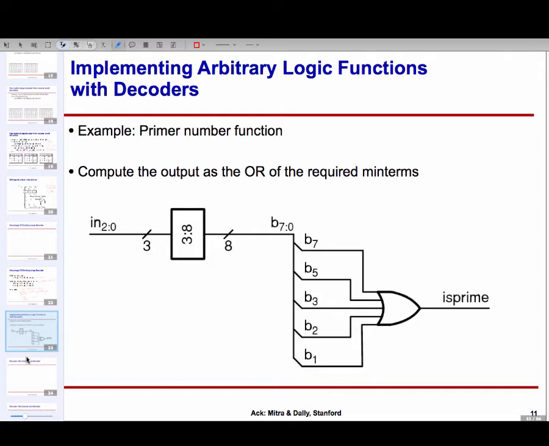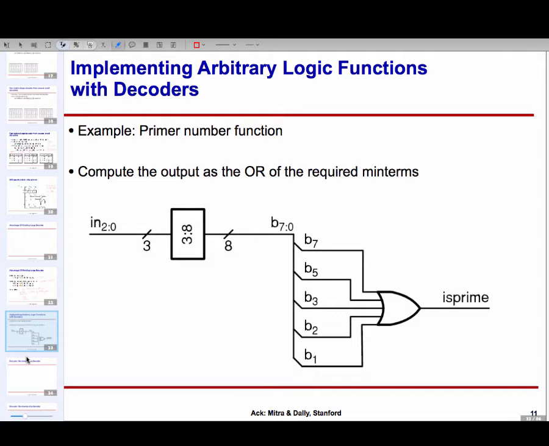So if you want to implement a k input function, I give you a k input decoder, you take that decoder and then just OR the relevant outputs of that decoder. So if you go back to our good old is prime function, so 1, 2, 3, 5, 7 in a 3-bit number, we are just ORing them out here.